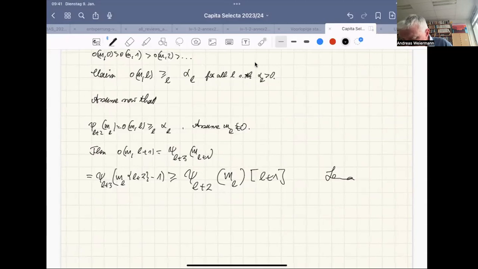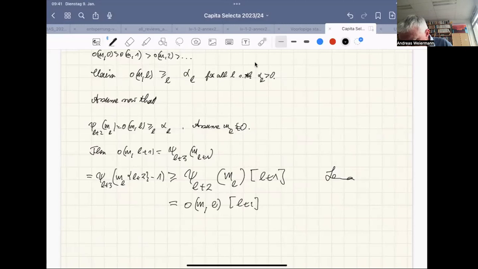Now by the Bachmann property, you can also see what? No, the Bachmann property is not needed. We have this situation. So what? This is the same as O of ML at argument L plus 1.